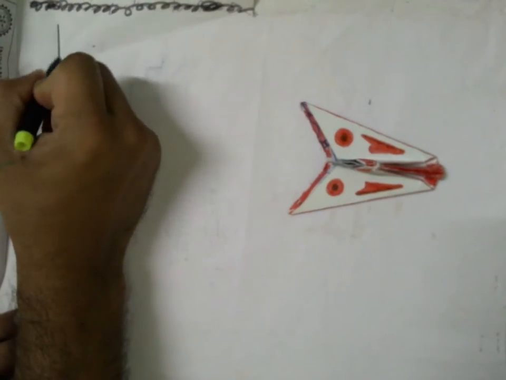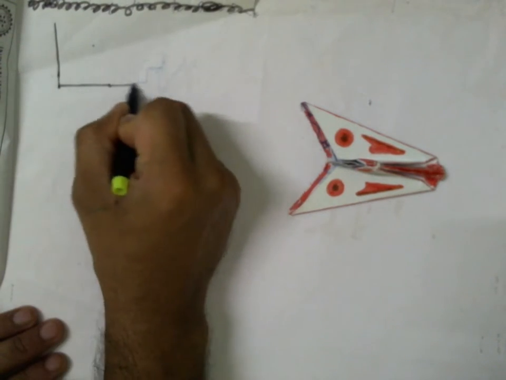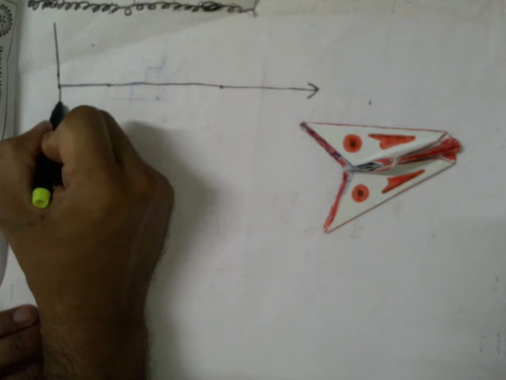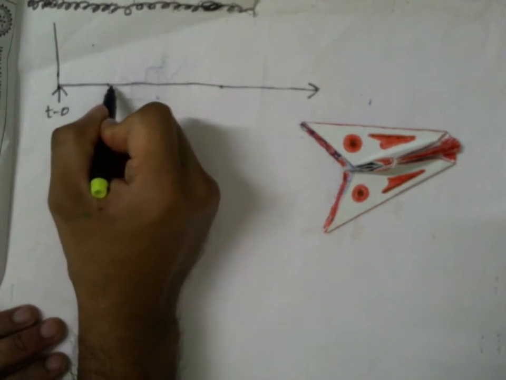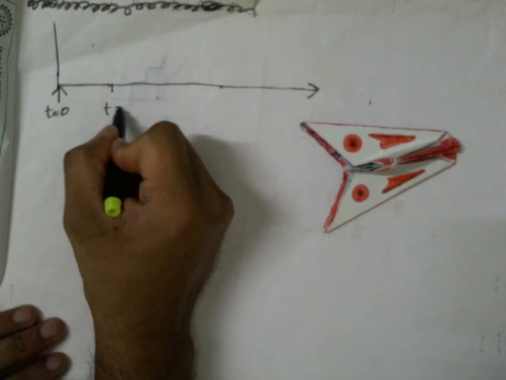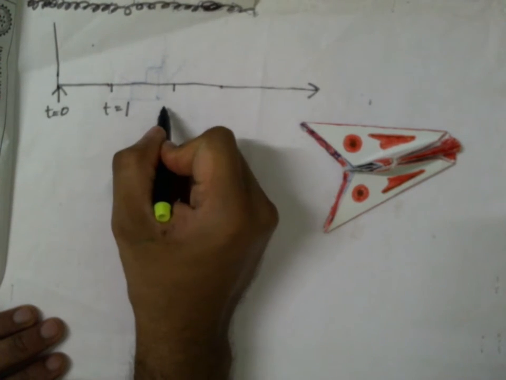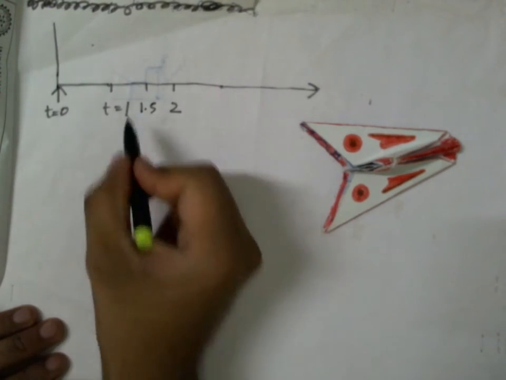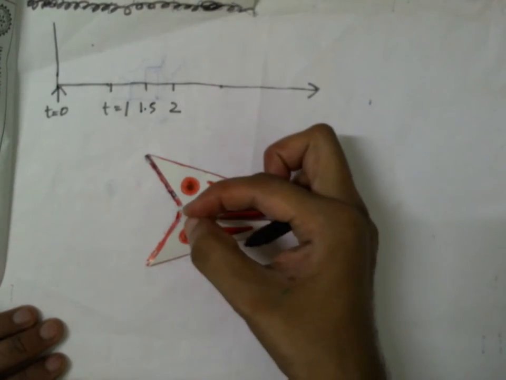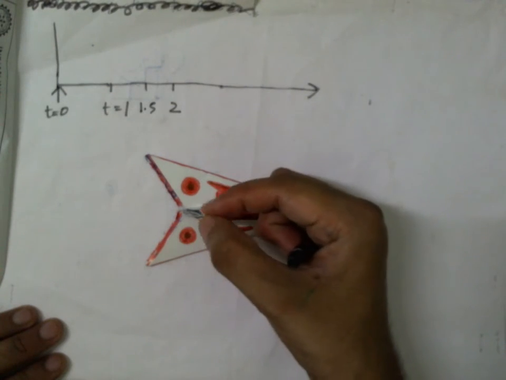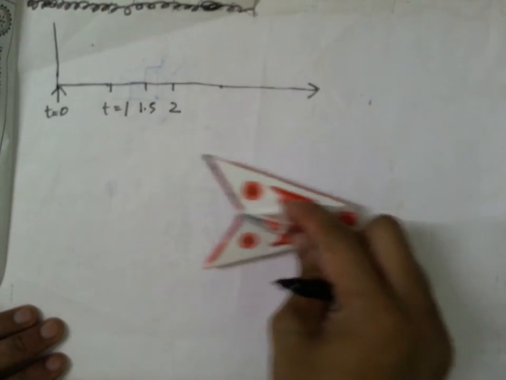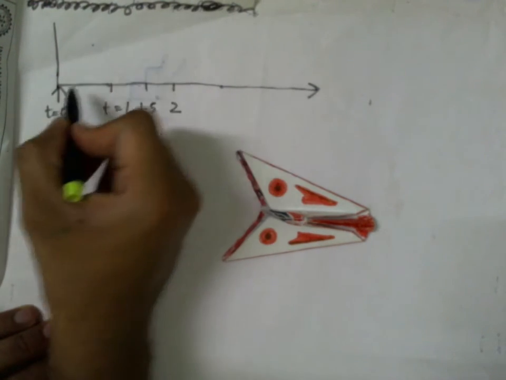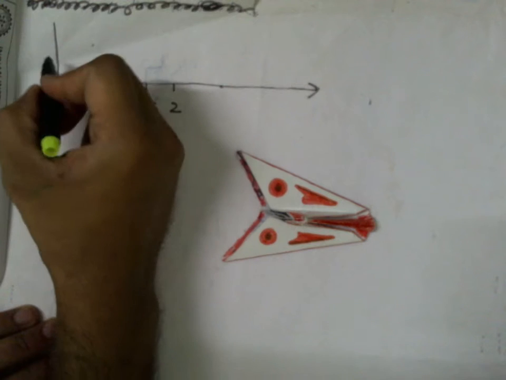So what we have to do, we have to first draw a time axis, identify the points, say t equal to 0, then t equals say 1, t equals maybe 1.5, 2, etc., where the rocket engine is ignited, and then we need to know the amount of gas burnt in those instances.